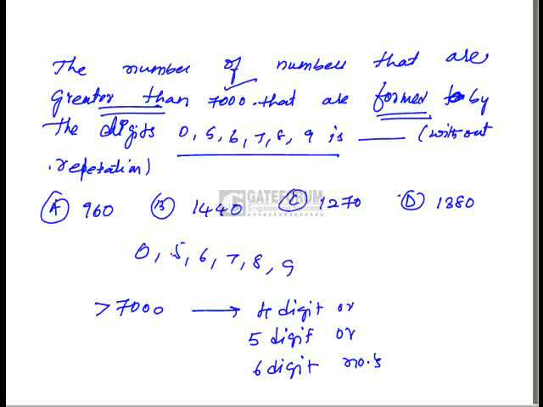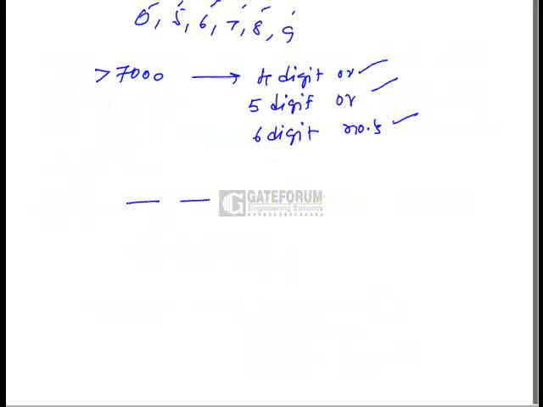As six digits are given, it could be 4, 5 or 6-digit numbers. First let us see the 4-digit numbers which are greater than 7,000. If it is a 4-digit number greater than 7,000, the first digit cannot be 0, 5 or 6.